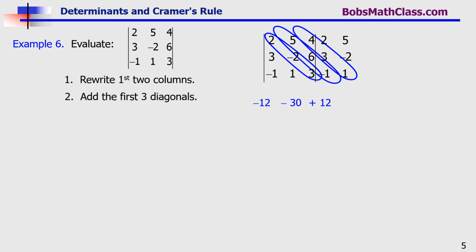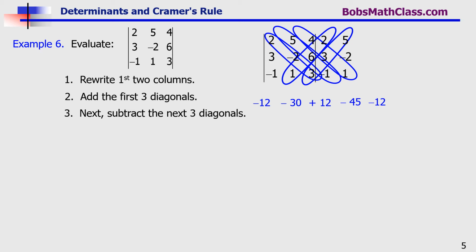All right, so 5 times 3 times 3, what does that give us? 45, right? But you're going to put negative 45. You got to change the sign. How about the next one? 2 times 6 times 1. That'll give us 12, but you're going to put minus 12.